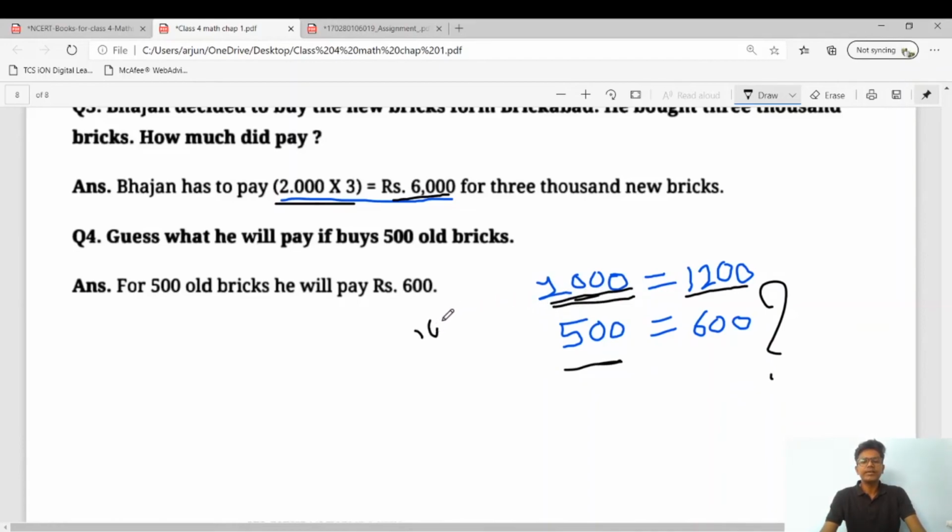If you divide 1000 by 2, then you will get 500. Okay, so if we divide 1000 by 2 and get 500, we have to divide 1200 by 2, and what is that? Right, 600. So for 500 old bricks, he will pay 600 rupees.